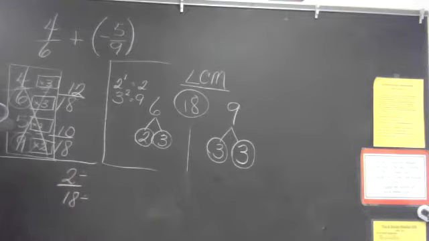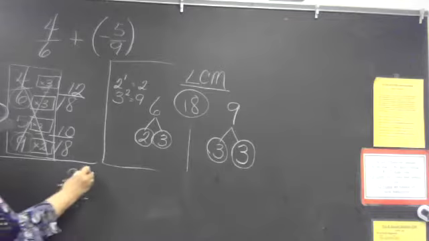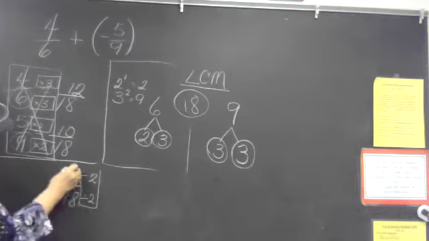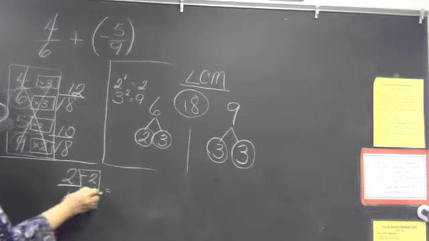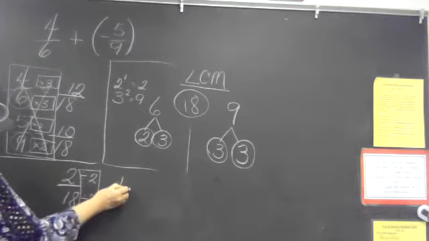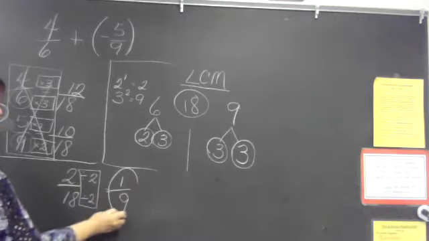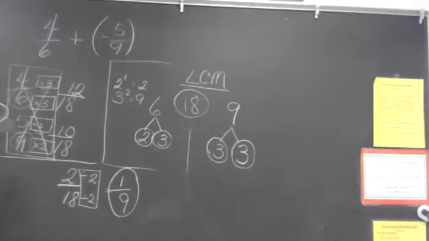Now we decided that the instructions lots of times aren't going to tell you to go to lowest terms. You just know, okay? Always go to lowest terms. So y'all told me that the top and the bottom will divide by 2. And so now I have 1 over 9. And so the answer to this problem right here is 1 over 9.